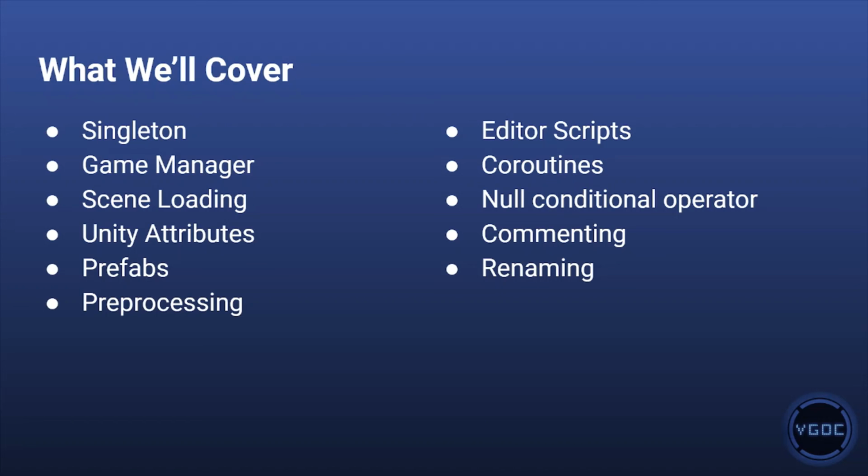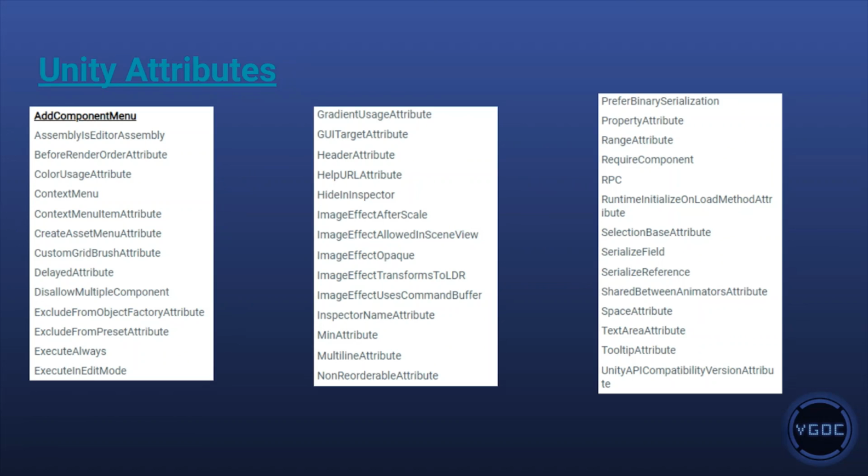Alright. And then these are all the Unity attributes you can use. There's a lot of them. I don't know all of them. But let's see, RequireComponent. You can add that to the top of a script, and when you add that script to a game object, it'll automatically add whatever components are required.